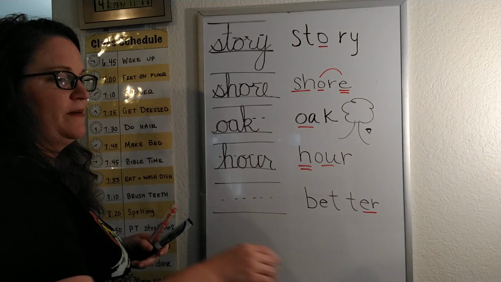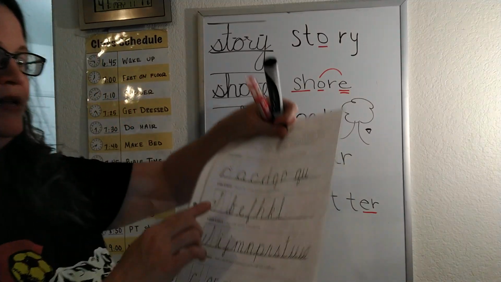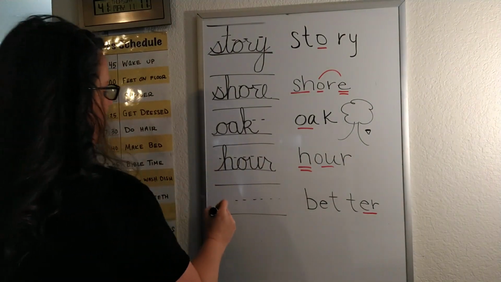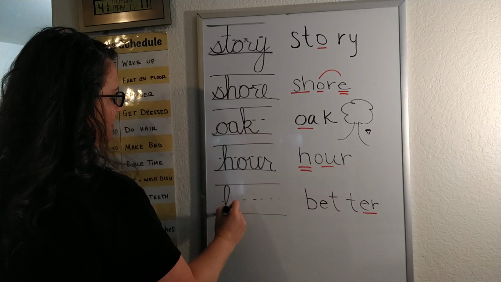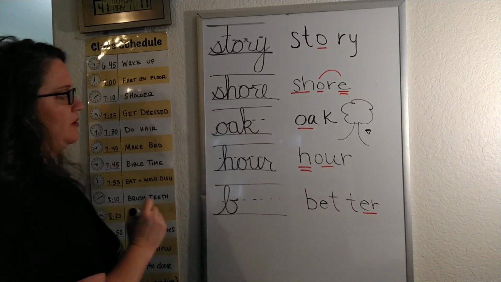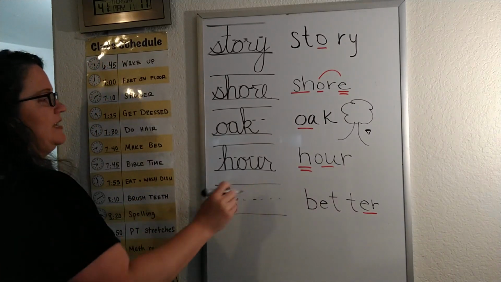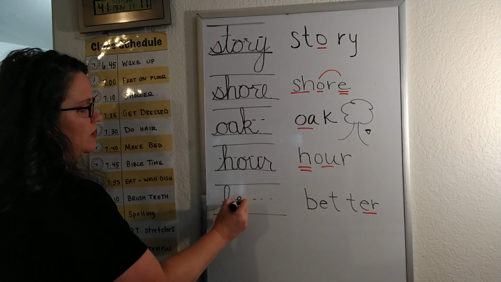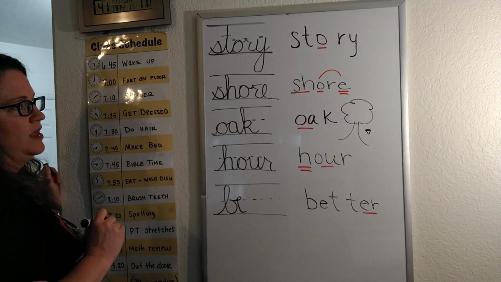For cursive, I'm going to show you the B before I write it. Remember, we've got a loop letter with like a big belly here. So we're going to loop all the way to the top, back to baseline, come up with the belly, and out at midline. E is a loop letter. We're already at midline, so we're just going to do a little loop, back to baseline.